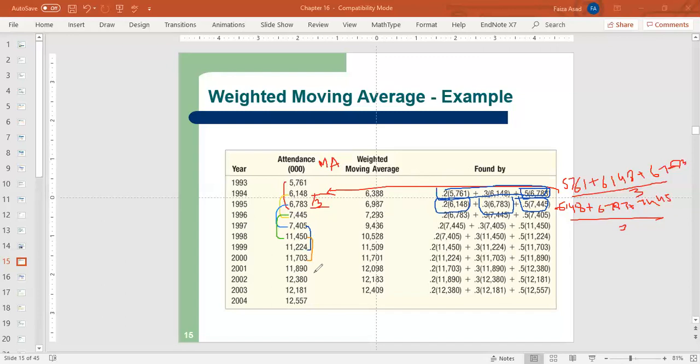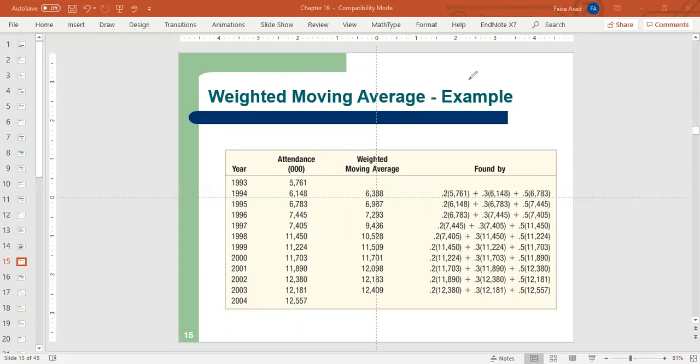So we will calculate the moving average in that particular way, and weighted moving average will use the weights and multiply those weights with the data values or data points. So let me clear the drawings. This is the calculation for moving average and weighted moving average.